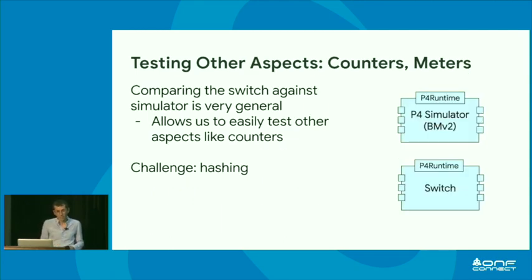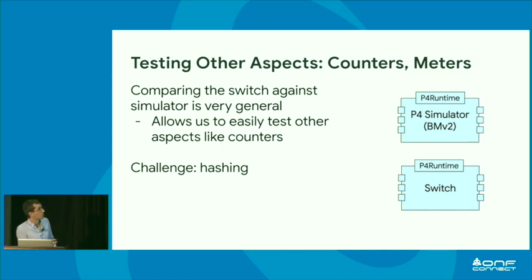Another thing that I wanted to mention here is this idea of differential testing, where you have the P4 program be your specification, and you simulate that using a simulator like BMV2 and compare against the switch. That is really powerful. With this, we can very easily test all kinds of other aspects of the switch.